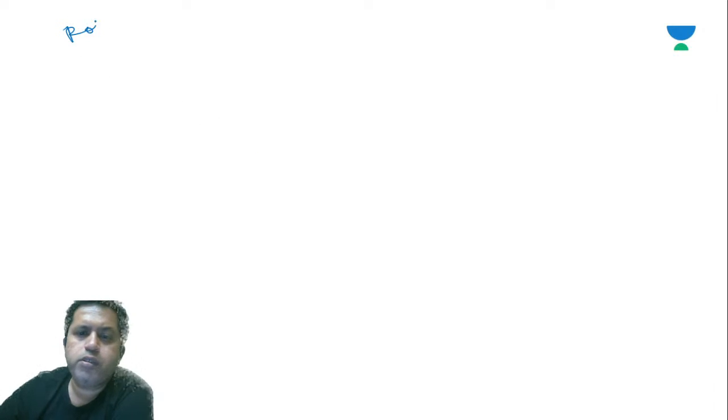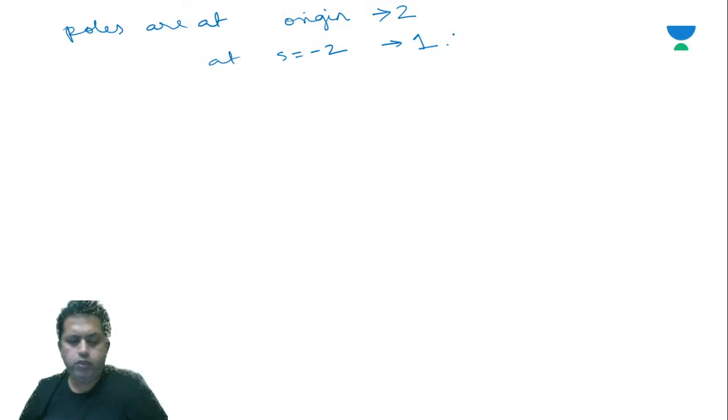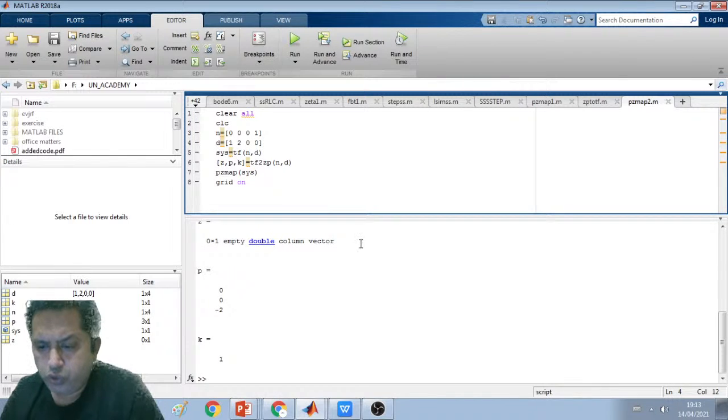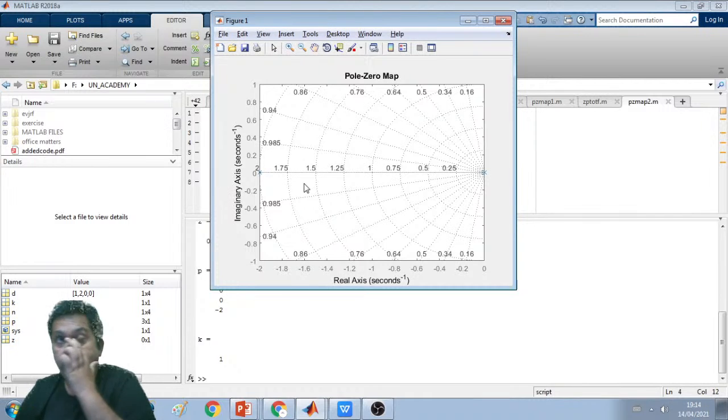So poles are at the origin, 2 poles, and at s equal to minus 2, 1 pole. So 3 poles are there. In the figure you will see at the origin 2 poles, and at s equal to minus 2, 1 pole.